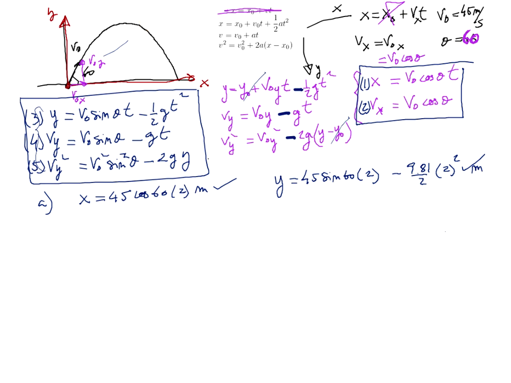So vx will be equal to v naught, so equation 2 will give us 45 cosine 60 meters per second. And then vy will be obtained by equation 4, 45 sine 60 minus 9.8 times 2 meters per second.